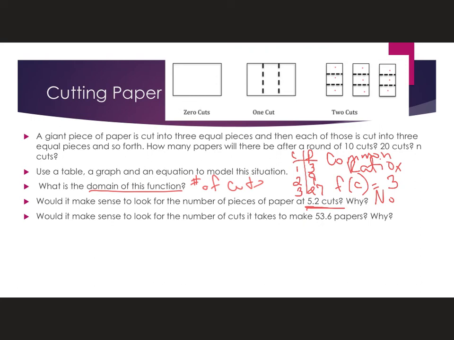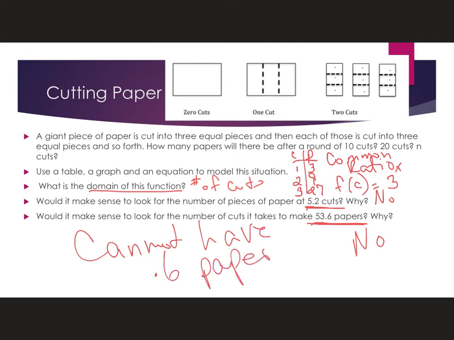And would it make sense to look for the number of cuts it takes to make 53.6 pieces of paper? No. You cannot have 0.6 papers. You could have a smaller paper, but it still wouldn't be 0.6. It would be its own piece of paper.